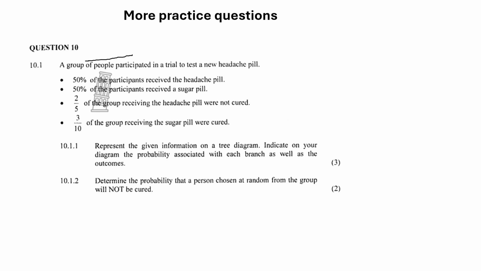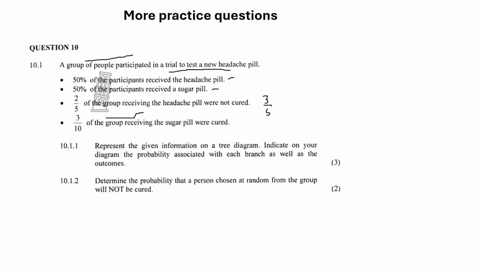I've been told that there's a group of people participating in a trial test for a new headache pill. 50% of the people received a headache pill, and then 50% of them received the sugar pill. 2/5 of the group receiving the headache pill were not cured. Just be careful: if 2/5 are not cured, this means 3/5 must be cured, because remember it's out of 5.